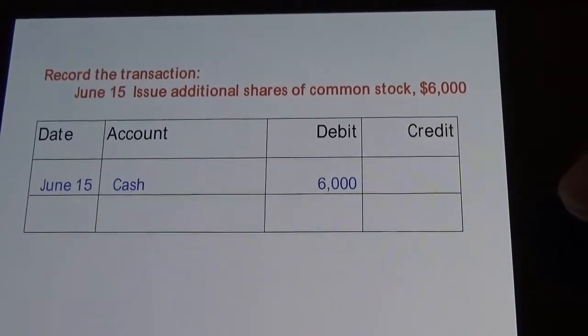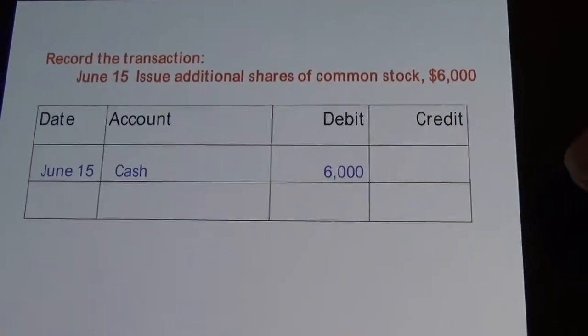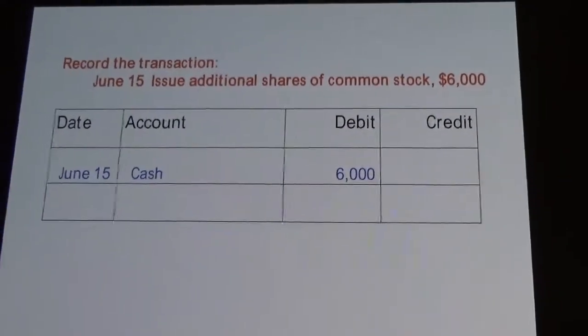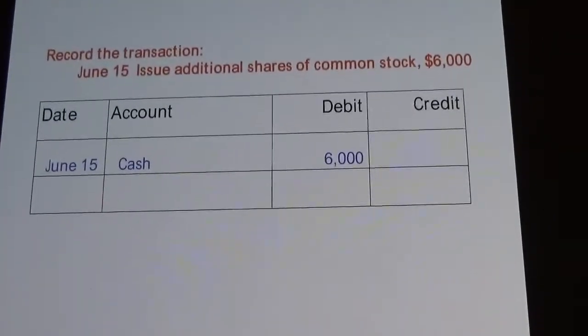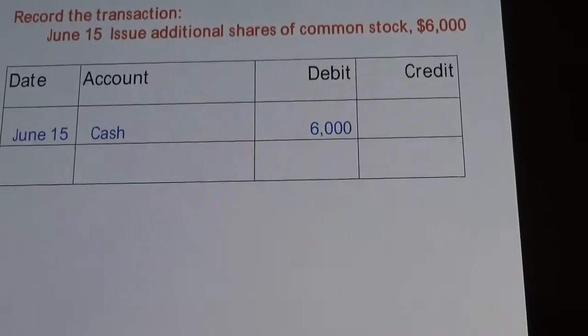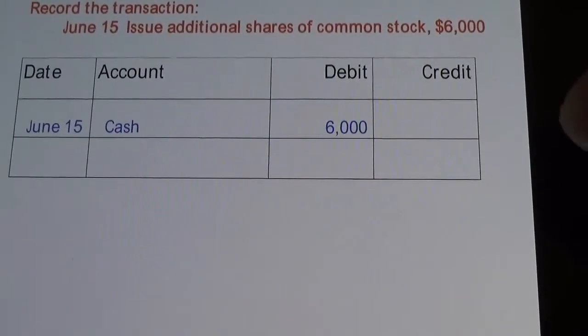Next, we're going to show the common stock increasing. Common stock is an equity account, which is a right side account, and therefore it increases with a credit entry, and therefore we're going to credit the common stock account for $6,000.